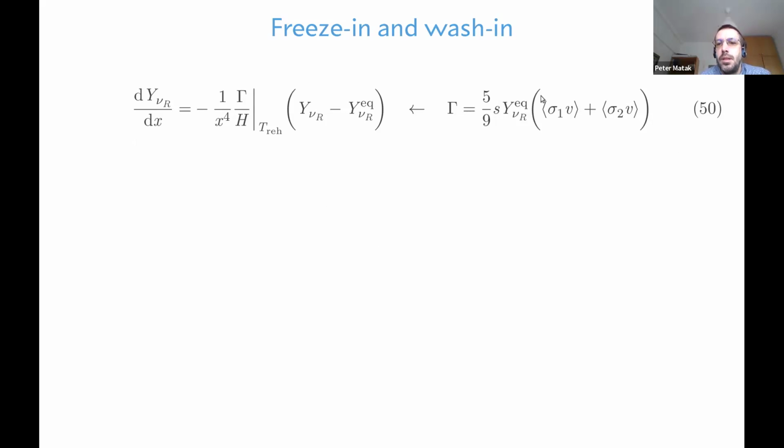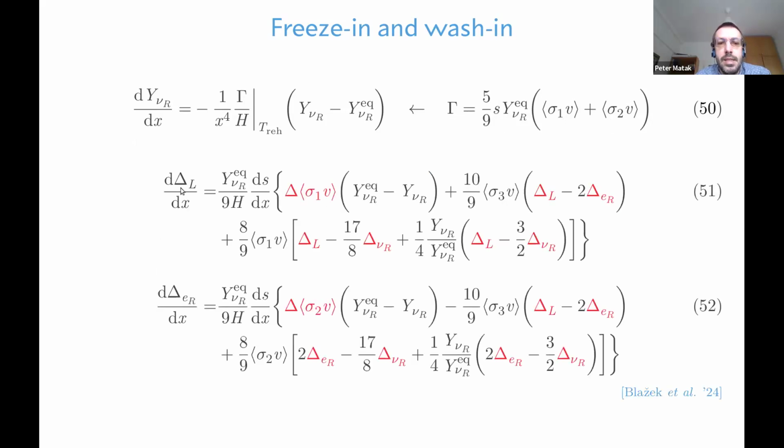We have some cross sections contributing in this way. We have reactions from left-handed doublets to right-handed neutrino and down quark, or from right-handed electron and up quark to right-handed neutrino and down quark, and the crossed reactions which will lead to this 5/9 factor.